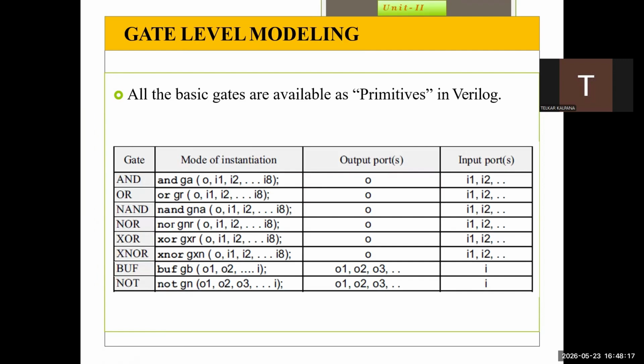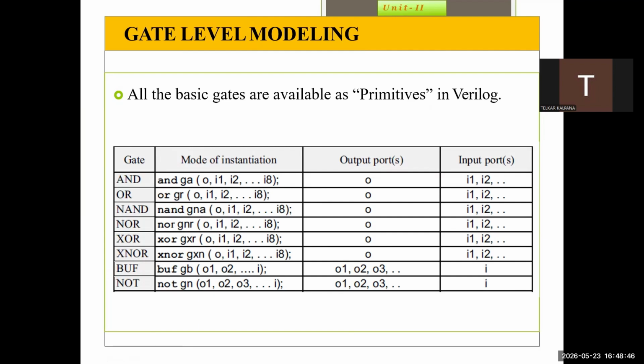When we are writing a program at gate level, we have to instantiate the gates by their names. Here, for an AND gate, the AND primitive, the mode of instantiation is the small letters a, n, d.